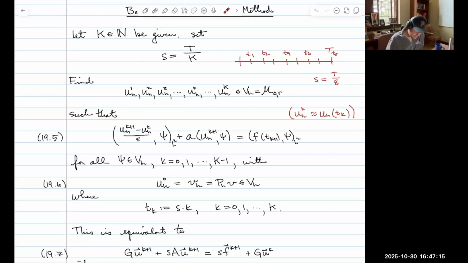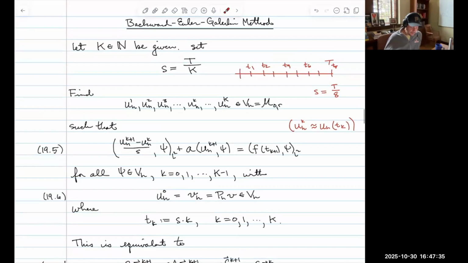We're only going to therefore grab little time snapshots. We're going to get one at T1, T2, T3. Each one of these is going to have a snapshot of the finite element solution as we're progressing along. So this is the Backward-Euler-Galerkin method. The way this practically works is you're given UHK, and from that, you have to solve for UHK plus 1.